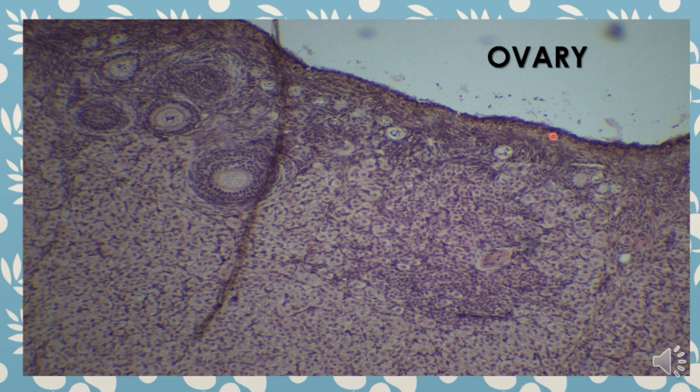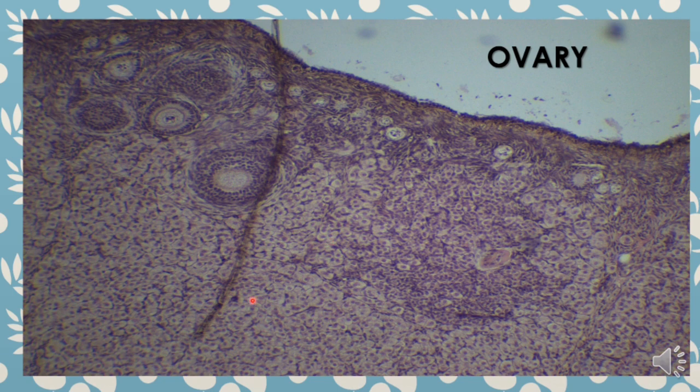Beneath the germinal epithelium, a dense connective tissue is called the tunica albuginea, and beneath the tunica albuginea you can see the cortical region of the ovary, called the cortex, and the inner part of the ovary is called the medulla, containing blood, nerve, and lymphatic tissue.